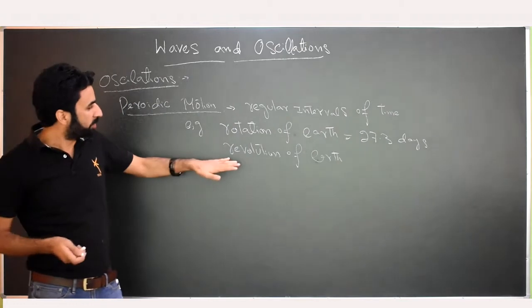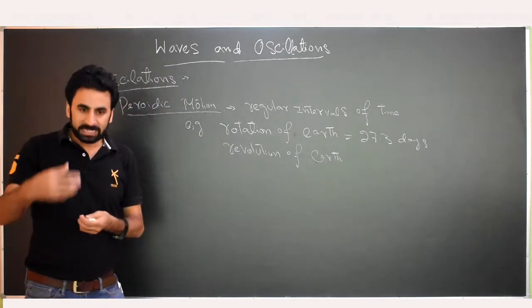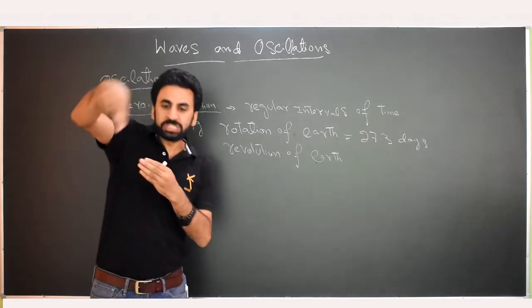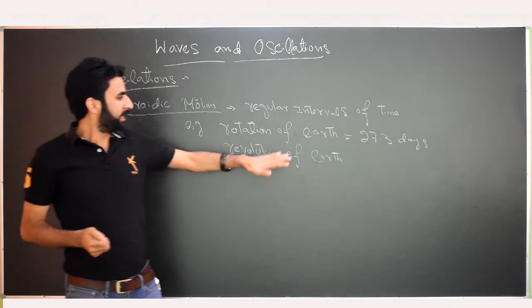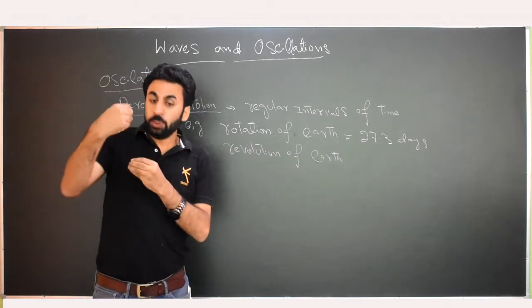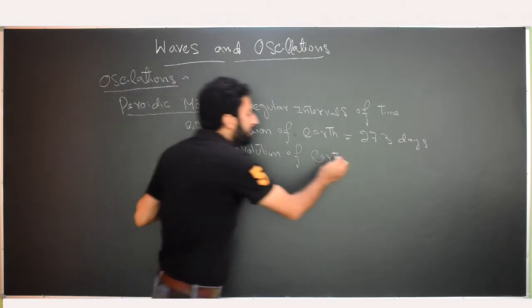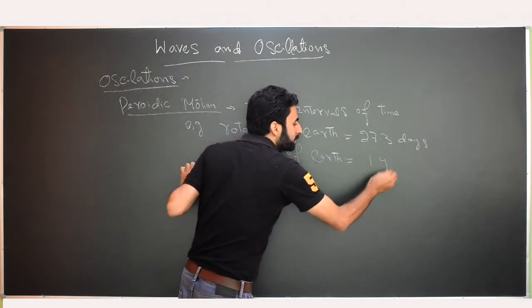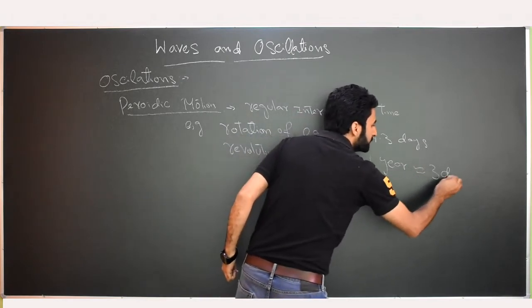Similarly, take the example of the revolution of Earth. All the planets revolve around the Sun in an elliptical orbit according to Kepler's laws. But Earth takes equal time every time to complete its revolution around the Sun, and that is what we call 1 year, or approximately 365 days.